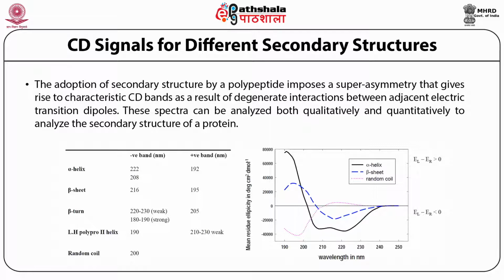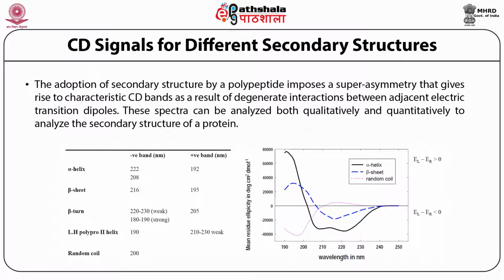A positive signal at 192 nanometer is also a signature of the alpha helical protein. So for alpha helical protein, the basic criteria are a deep intense peak at 222 nanometer and 208 nanometer, and a positive peak at 192 nanometer. For the beta sheet protein, a negative peak at 216 nanometer is the signature, and a positive peak at 195 nanometer.